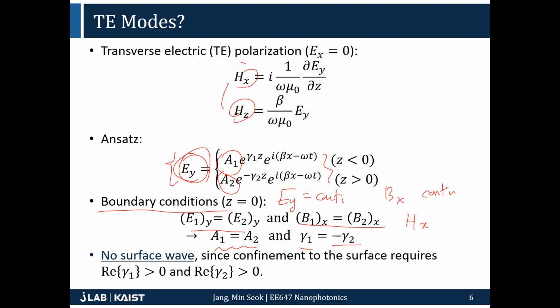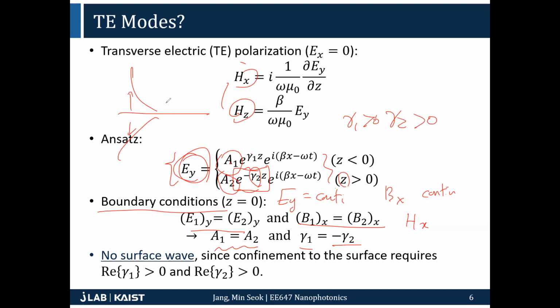Okay, and this is a problem because gamma 1 and gamma 2 must both be positive in order for the mode to decay as it moves away from the interface. If one of the gammas is negative, let's say gamma 2 was negative, then as z increases, it becomes an exponentially increasing function rather than an exponentially decreasing function, which doesn't make any sense.